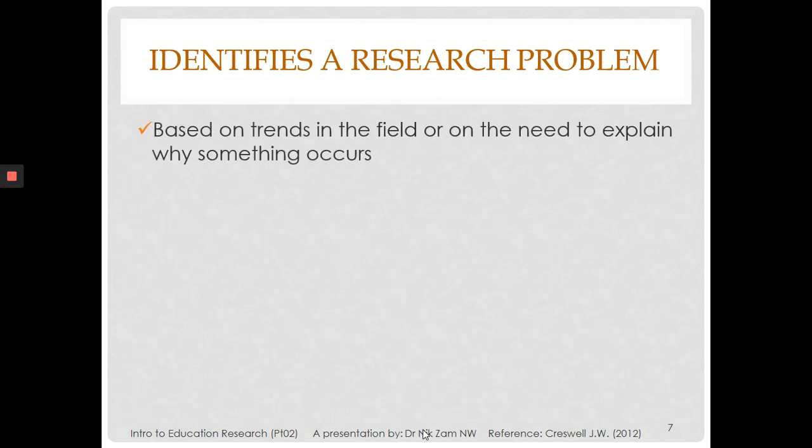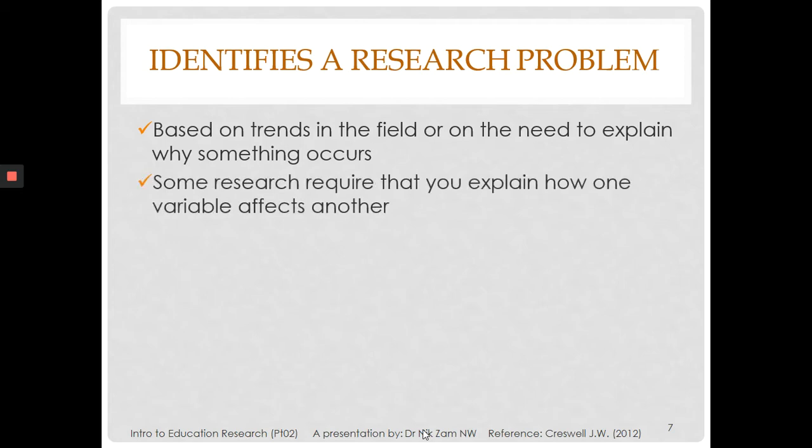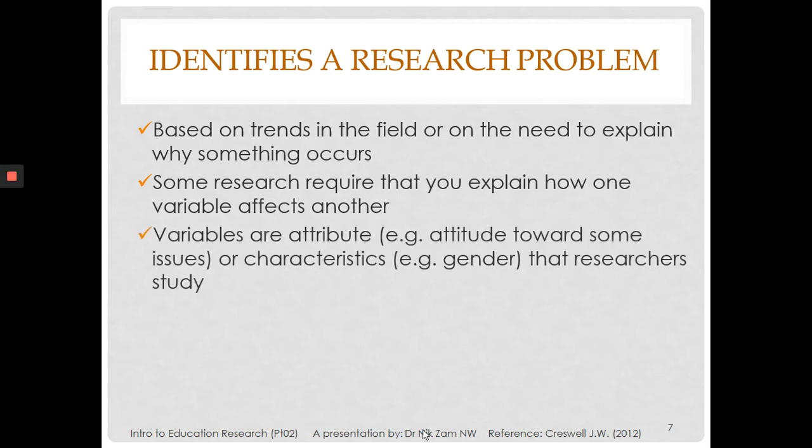Okay, so the first characteristic: identify a research problem based on trends in the field or on the need to explain why something occurred. Some research requires that you explain how one variable affects another. Variables are attributes, attitudes towards some issues, or characteristics such as gender that the researcher studies.